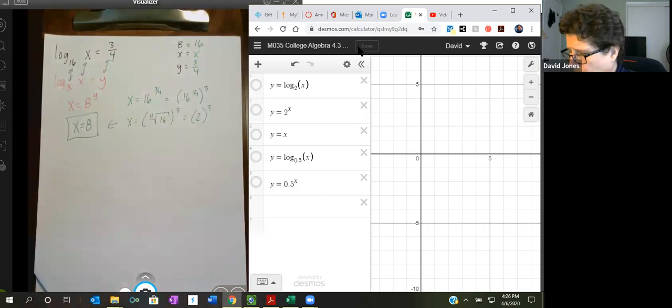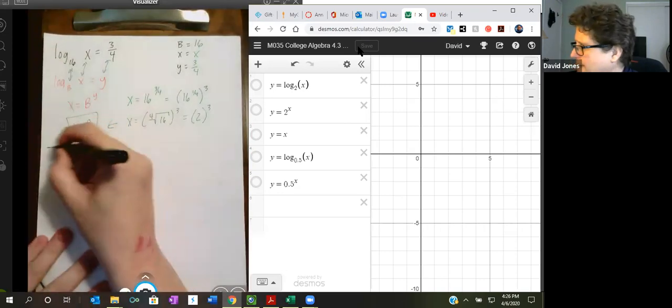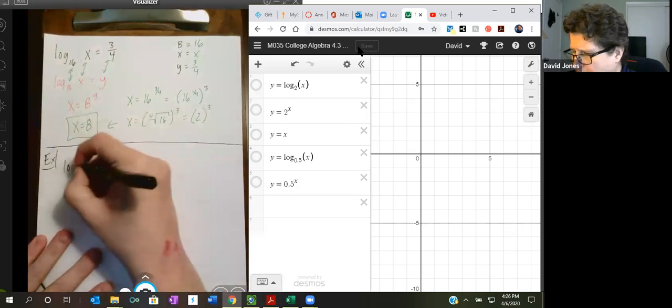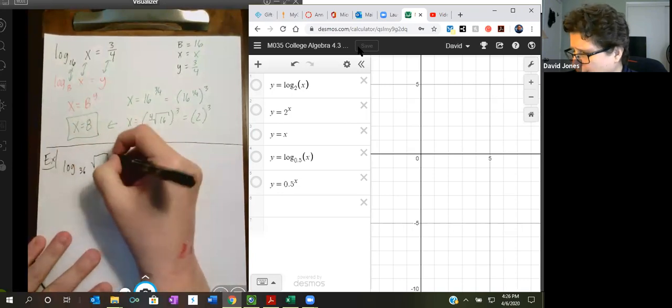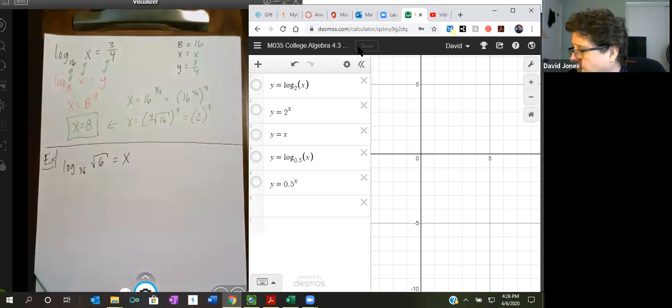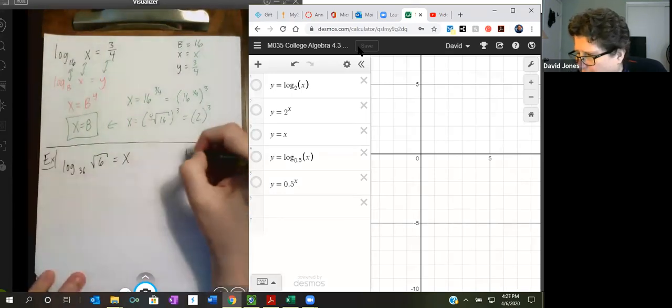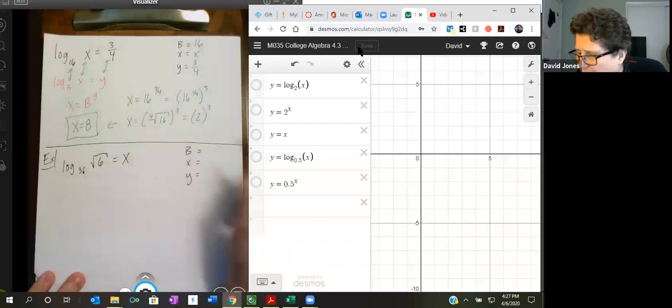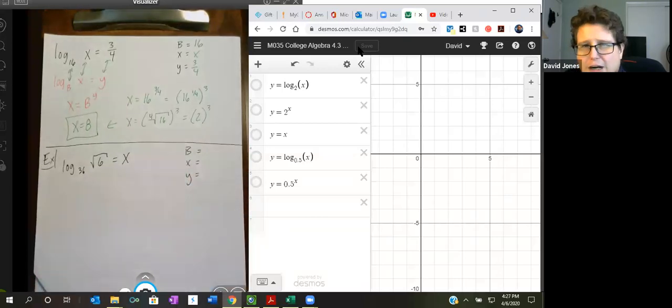All right. Let's give you another one to play with. Log base 36 of the square root of 6 equals x. Identify your b, your x, your y. I've given you 3 different examples. The variable has changed position in all 3 problems.